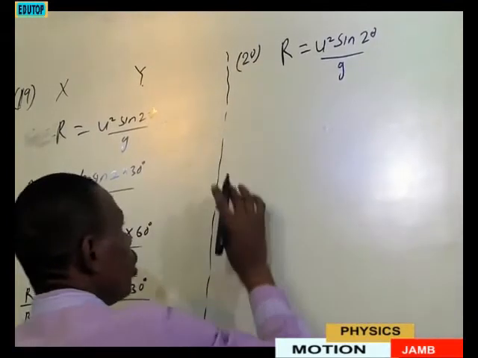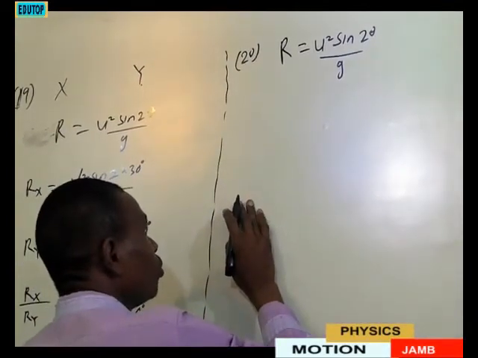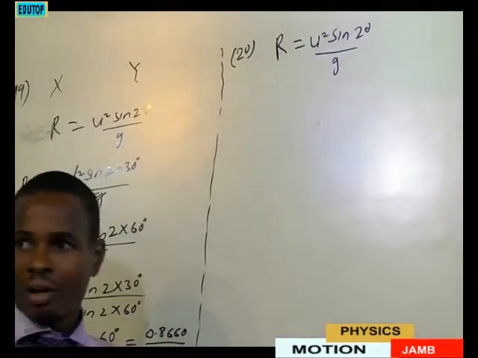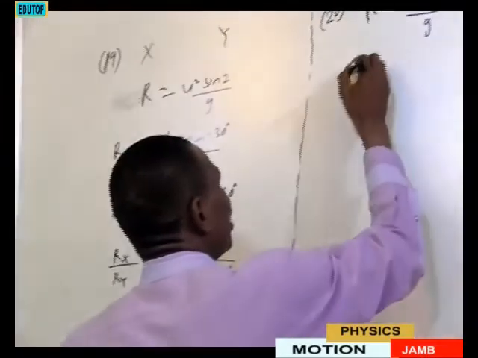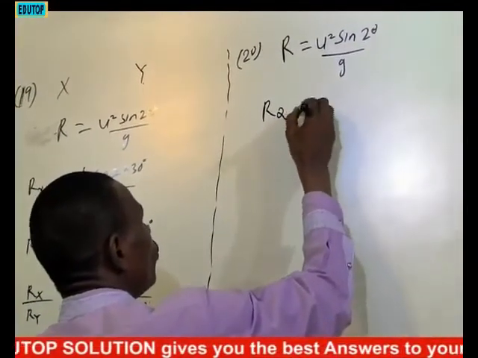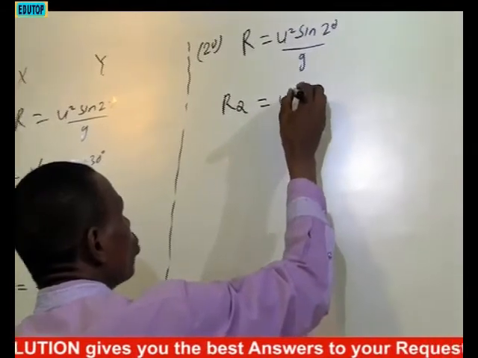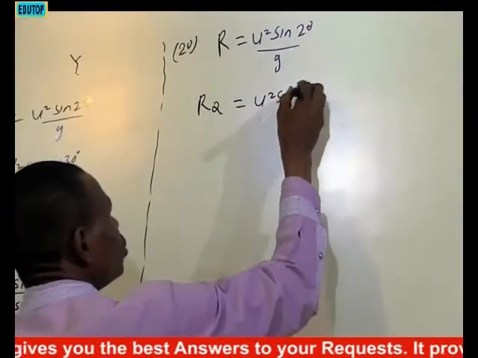We are dealing with two bodies, stone Q and stone R. What will be the ranges covered by these two stones? Let's take it one by one. For stone Q, what will be the range? For stone R, what will be the range? The range for Q will be equal to u squared sine 2 theta.